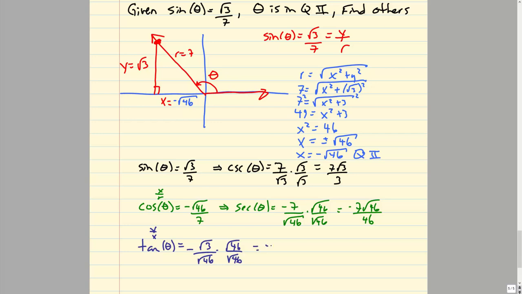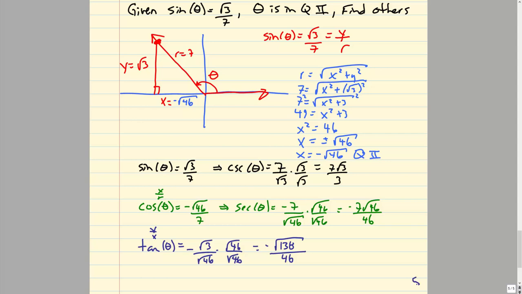So this would be a negative square root of 46 times 3, which is 138, over 46 in this case. Now there's no factors of the square root of 138 that will simplify. I'm adding up the digits 1 plus 3 plus 8 is 12, so it is divisible by 3. But I think that's as far as it will go. I don't think we can pull out any more than that. There's no perfect squares, in other words.